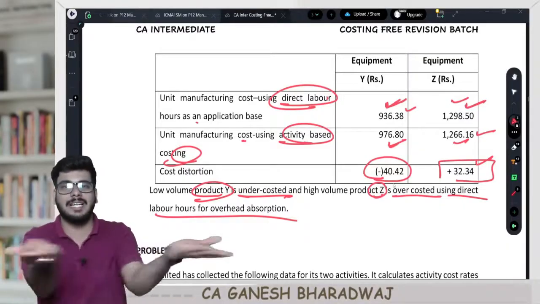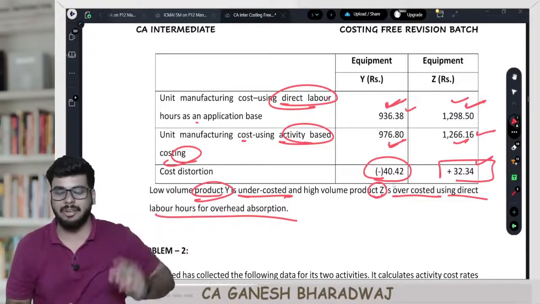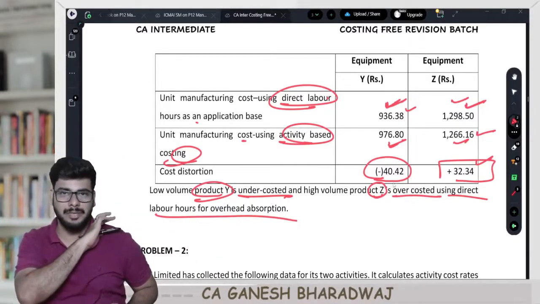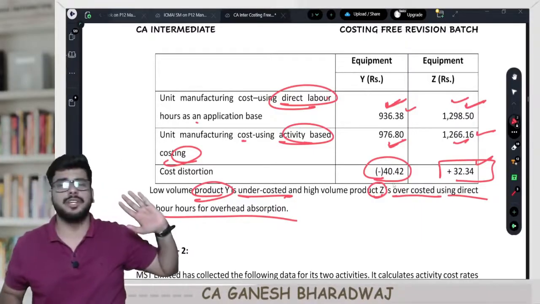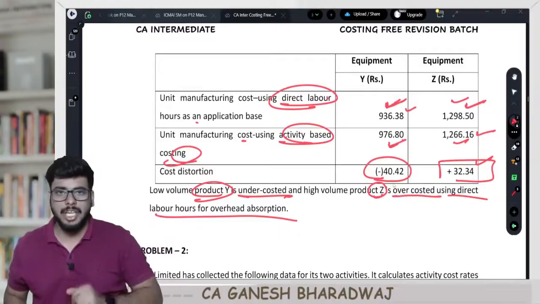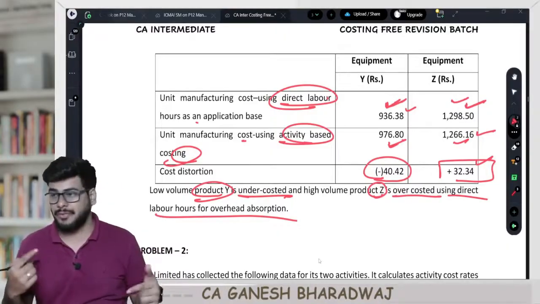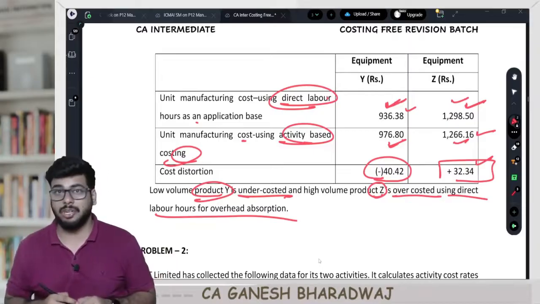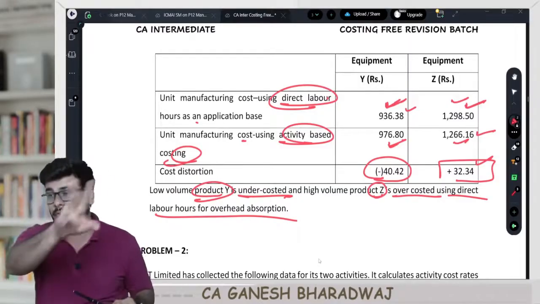So there is a direct relationship between the cost driver and the cost pool. If you want to reduce a particular activity cost, go and control your cost driver. Are you clear with this, guys? For example, in your real day-to-day life, you can use ABC. If you are a student attending a face-to-face lecture, your cost driver will be the number of lectures held, not the number of hours.